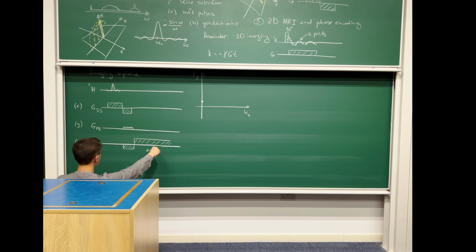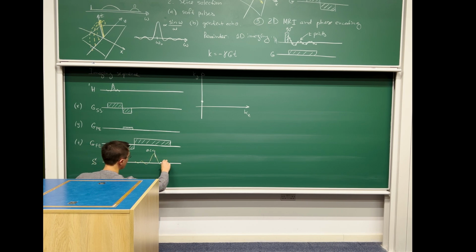So at this point we detect our signal. So let's have a signal channel here as well. And so at the point when that gradient goes positive, we start detecting. And of course it's been dephased here, so it will come and get rephased and have a blip around here, and then it will get dephased again. And we will sample that with some frequency, which we will discuss in a moment. So there will be these points here.